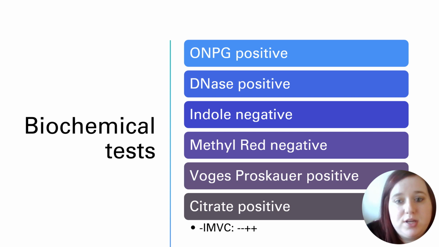This detects the presence of acetoin, and citrate positive, meaning it has the ability to utilize citrate as its carbon and energy source. And if you ever see that IMViC, that's how they abbreviate it, the reactions are negative, negative, positive, positive.